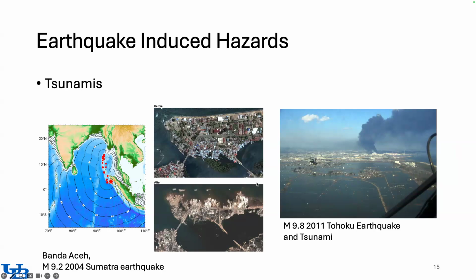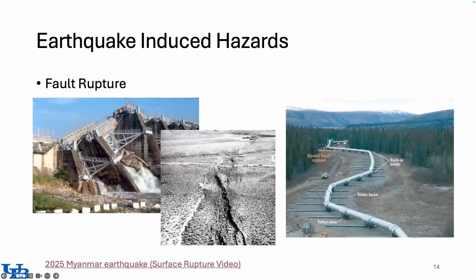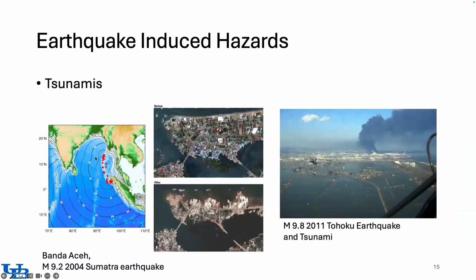Through earthquakes, we can also produce tsunamis. This is related to fault rupture. This is when you have fault rupture, but it happens to be under a large body of water, where this deformation that we saw, such as the one from the CIE earthquake, will make this body of water move, and that will create waves.